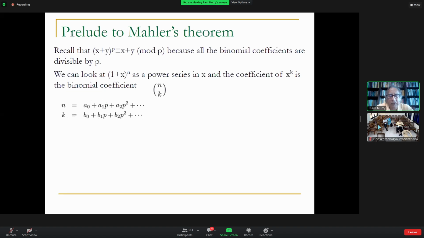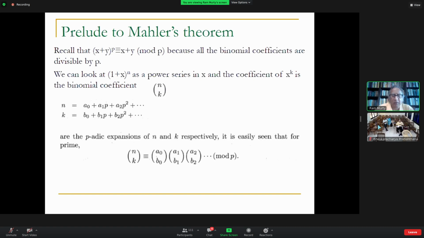Lucas came up with an ingenious observation on the question of what is n choose k modulo p. You write n in base p and you write k in base p, and lo and behold, n choose k turns out to be a0 choose b0, a1 choose b1, a2 choose b2, and so on.